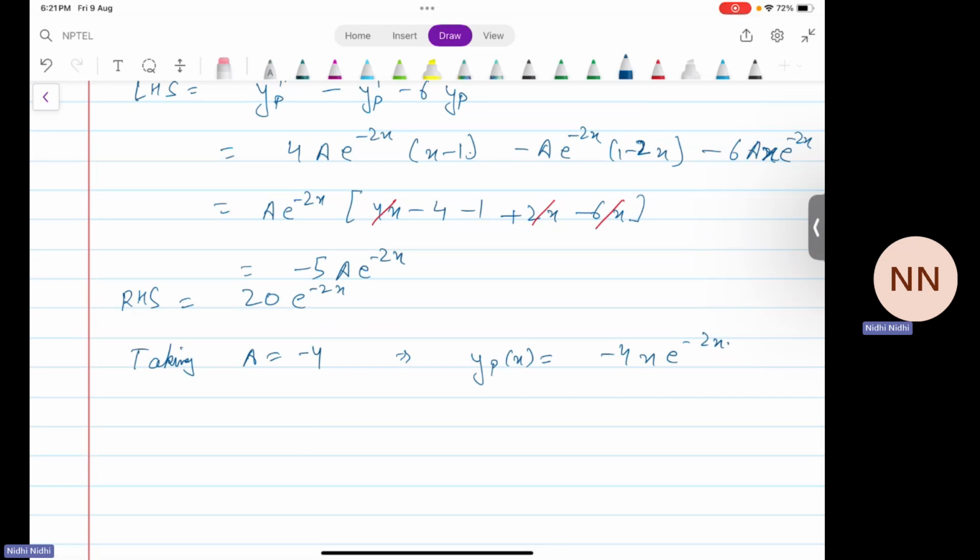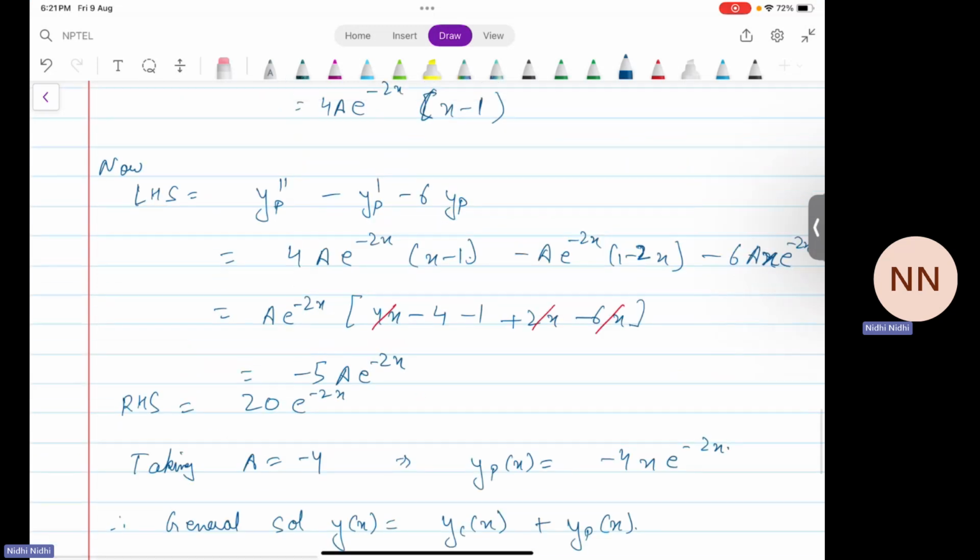Now the general solution to our problem is given by y(x) equal to y_c(x), the complementary function, plus y_p(x), the particular solution. We have seen that this y_p(x) is a specific function that satisfies the equation.